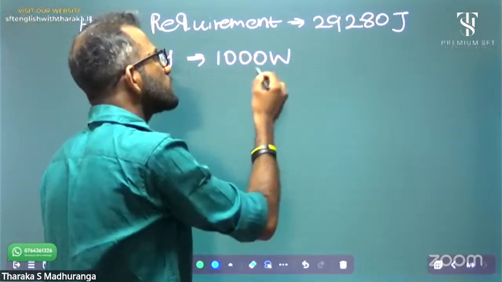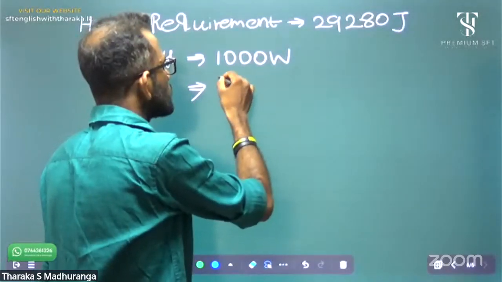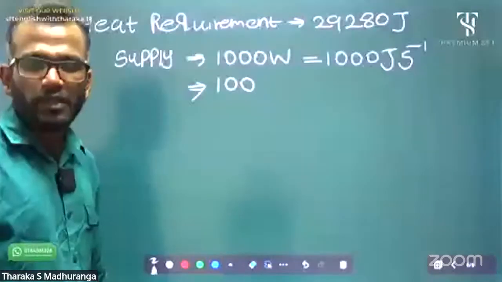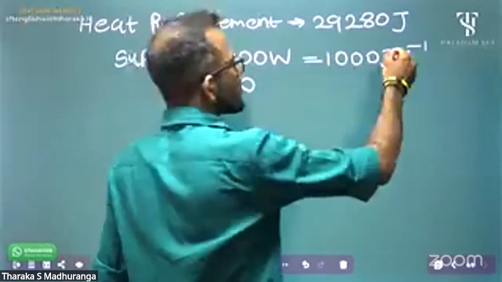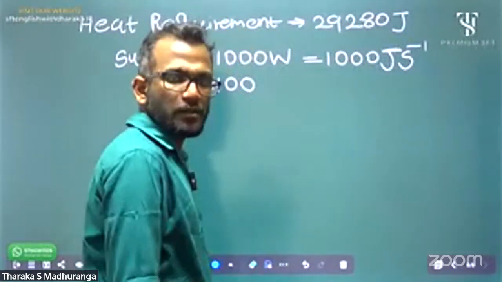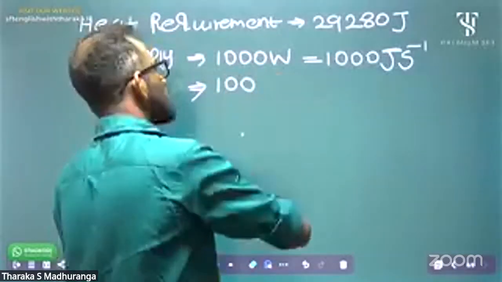Actually, what is the meaning of this 1000 watts? 1000 watts means 1000 joules per second.